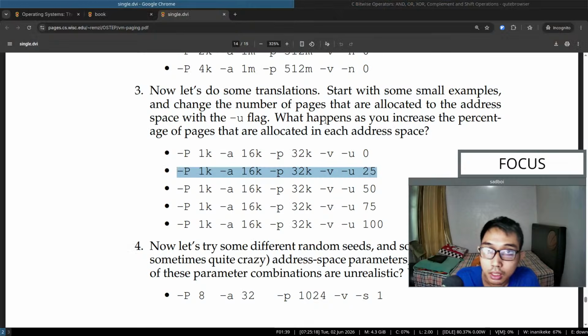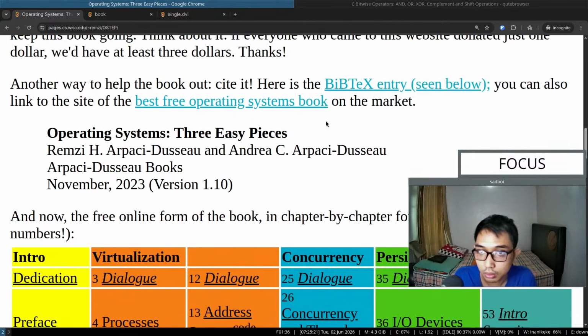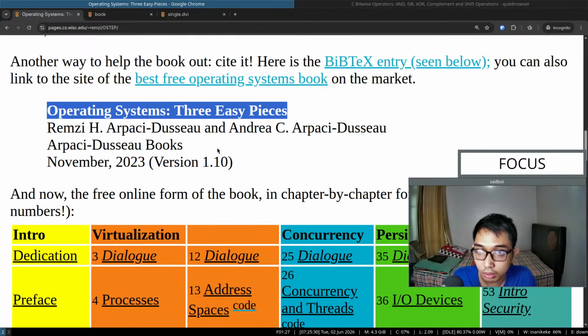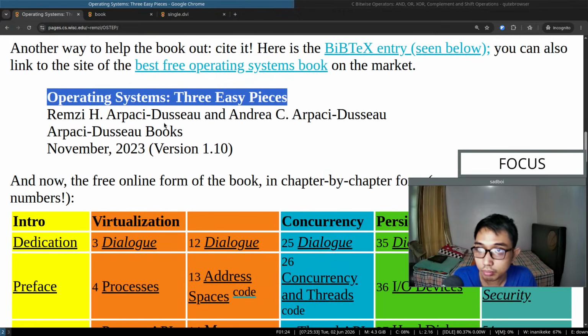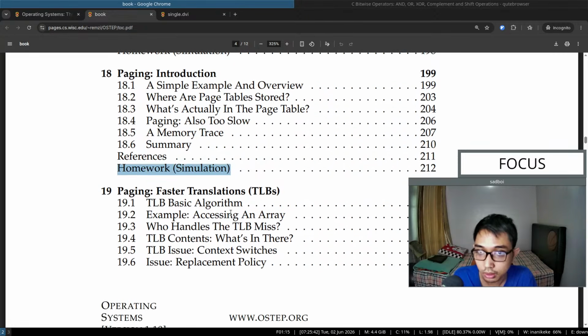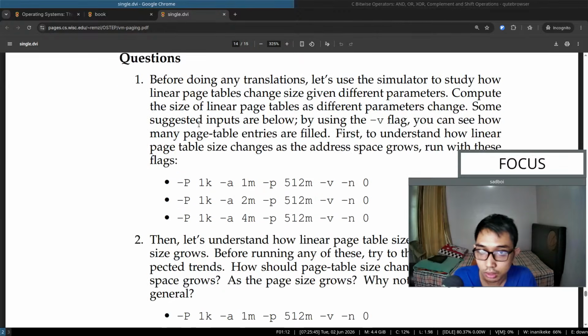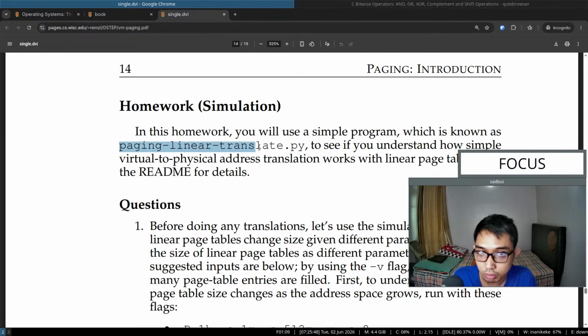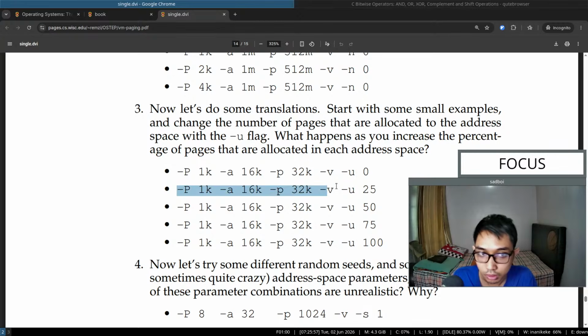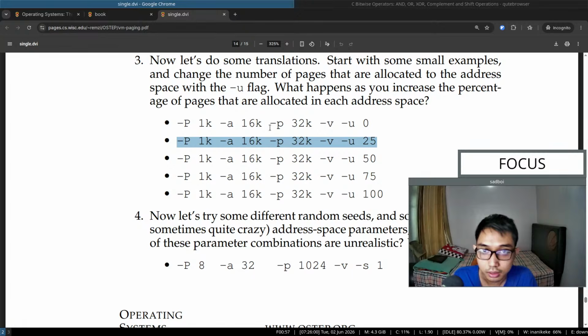Welcome. Okay, in case anyone new in here, I'm currently reading this book, Operating Systems: Three Easy Pieces, basically trying to understand the operating system, and we are currently on chapter 18, still in homework simulation here, trying to understand how this simulation script, paging linear translate Python script works with this flag, something like this.